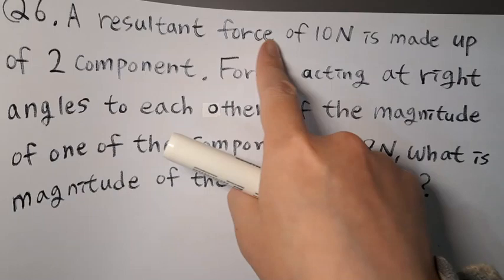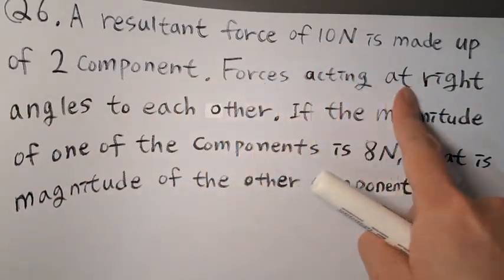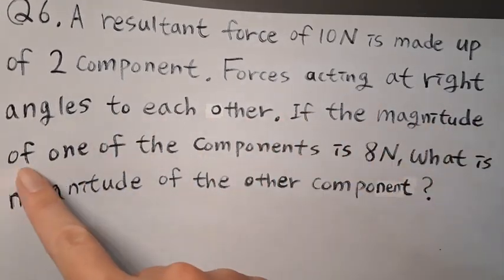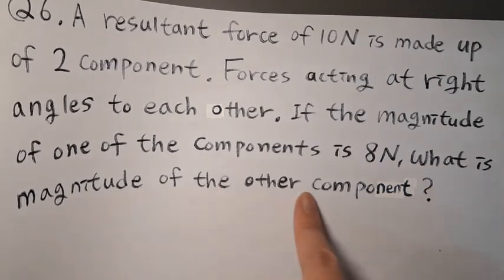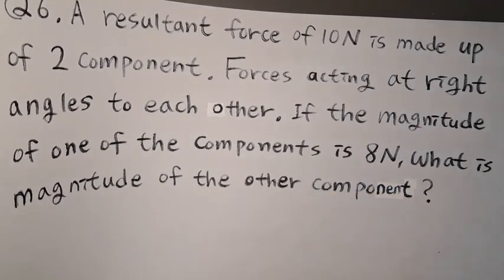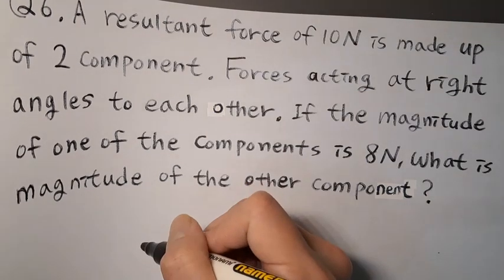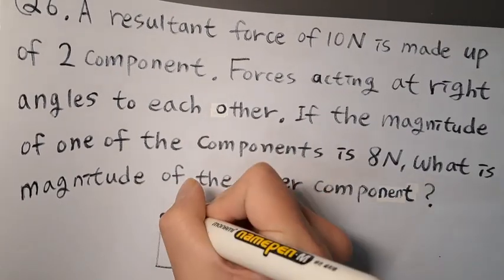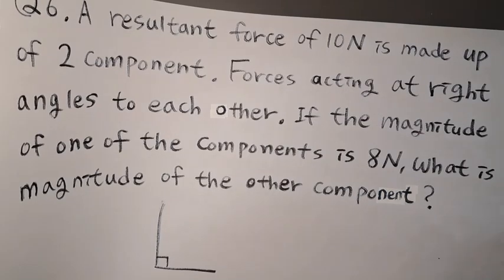A resultant force of 10 Newton is made up of two components acting at right angles to each other. If the magnitude of one of the components is 8 Newton, what's the magnitude of the other component? So there are two components, and this is their right angle, and this is 8 Newton.